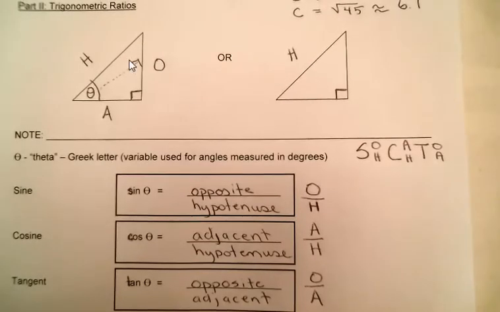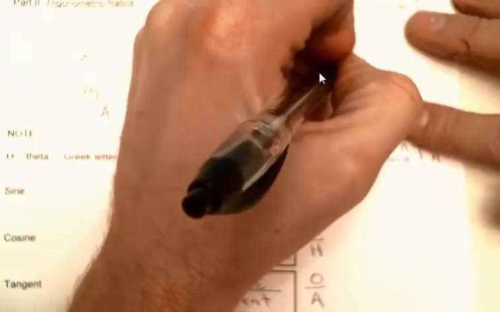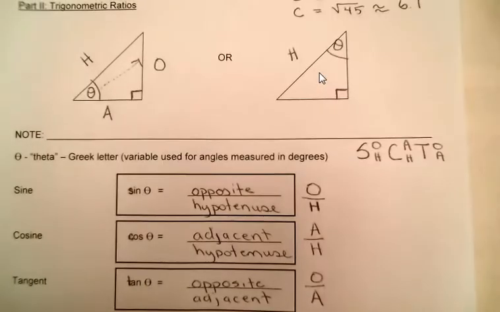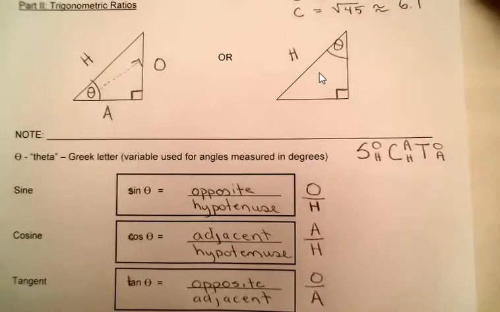Let's go back. A while ago we talked about this triangle. We said let's put theta here, and then across from him, or his opposition, is the opposite. The hypotenuse is always the long side, and the adjacent is the other one. That's what that looked like for that triangle. We go over to this triangle, and this time we put theta here. So we want to know how to reference and relate this angle to the three sides.